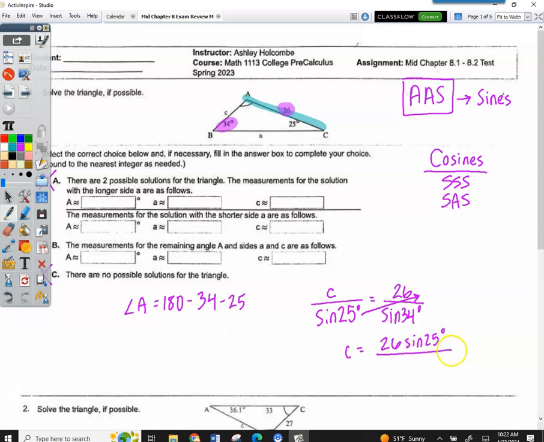And then that's what you type in the calculator. You would make sure you're in degree mode. Then you would repeat for little a. Keep your anchor fraction the same, but it would be little a over sine of whatever you found angle A to be. Okay?